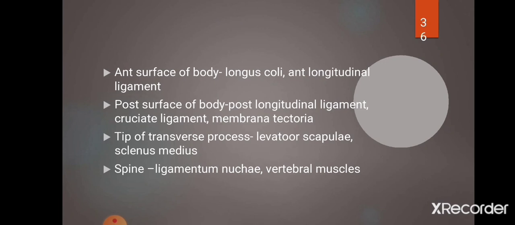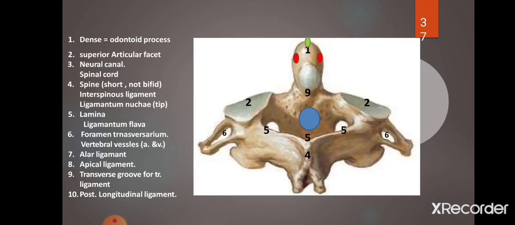The anterior surface of the body gives attachment to longus colli and the anterior longitudinal ligament, while the posterior surface of the body gives attachment to the posterior longitudinal ligament and the cruciate ligament, membrana tectoria. The tip of the transverse process gives attachment to levator scapulae and scalenus medius, and the spine gives attachment to the ligamentum nuchae and the vertebral muscles.